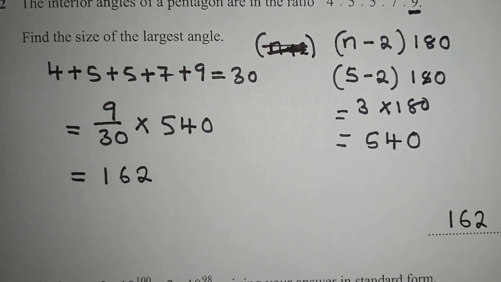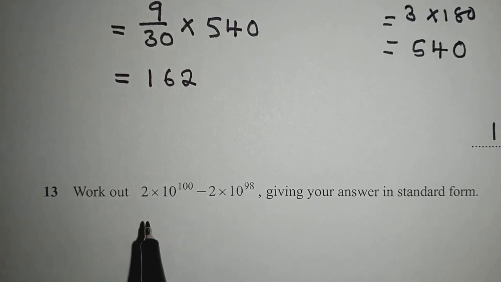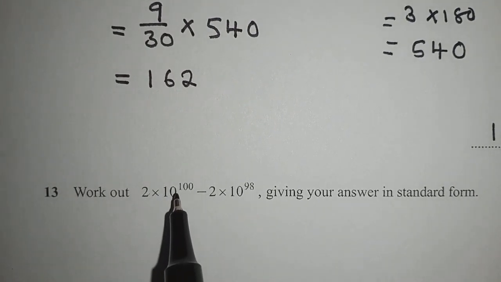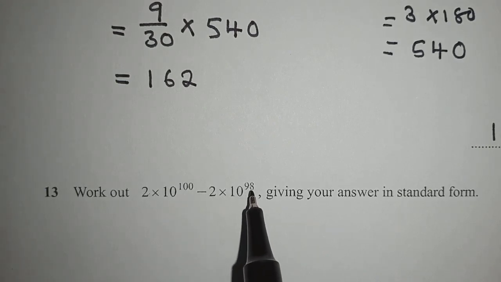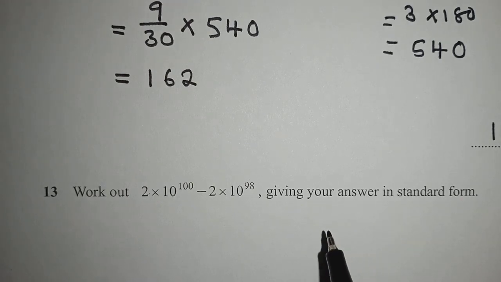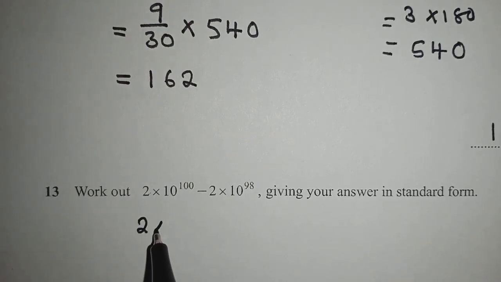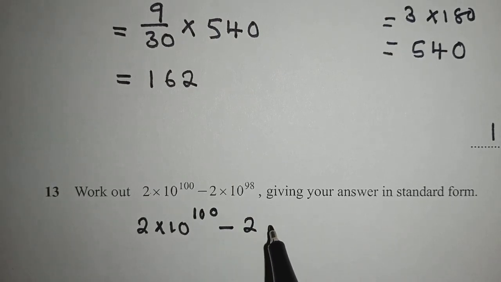So the size is 162. Okay. So question 13 here. Work out 2 times 10 to the power 100 minus 2 times 10 to the power 98, giving your answer in standard form. So here we copy what we have.